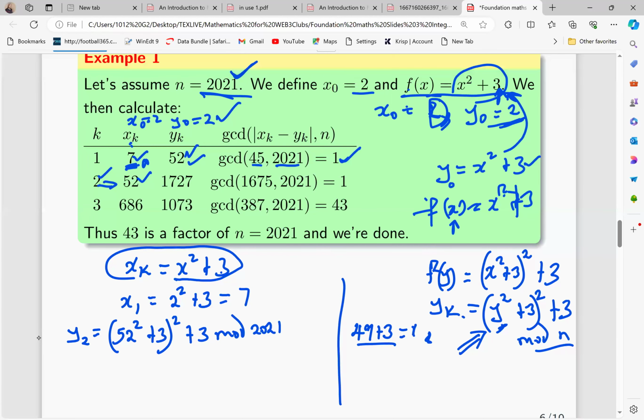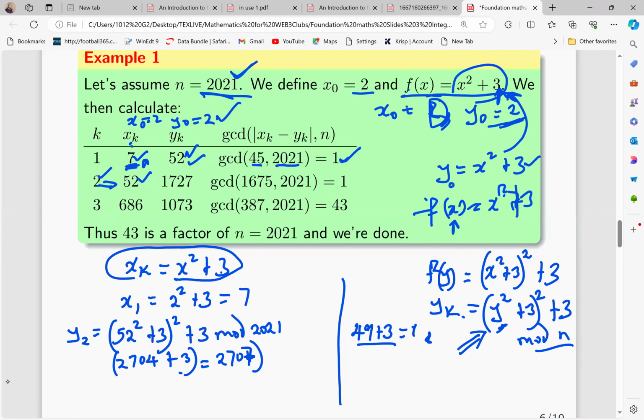Let's just do that using a calculator. Just opening my calculator. 52 squared is 2704. Then add 3, and you get 2707.